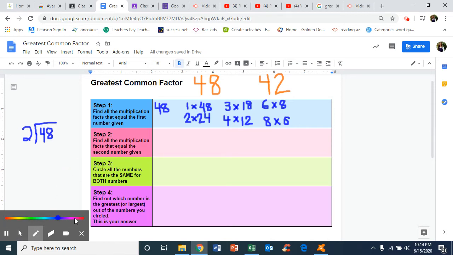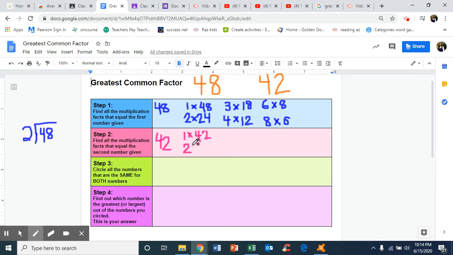Step 2 is to find all the multiplication problems for the second number, which is 42. So again, 1 times 42, and then 2.